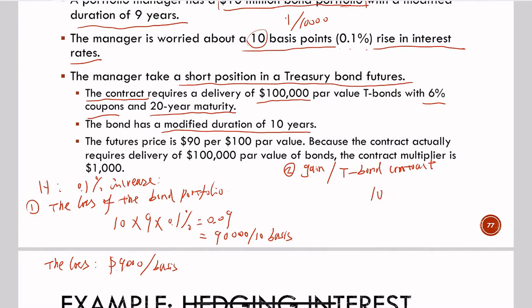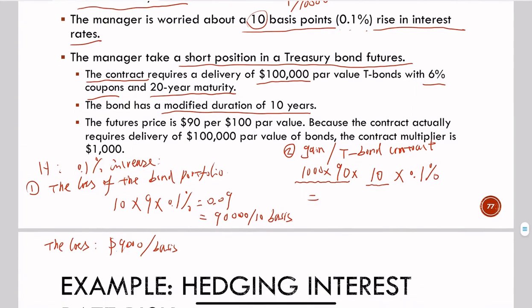And for one contract, it has a value of 90, but then you have to use the multiplier here. So this is essentially the value of this contract, and then times its modified duration, and then times the change in the interest rate, which is again 0.1%.